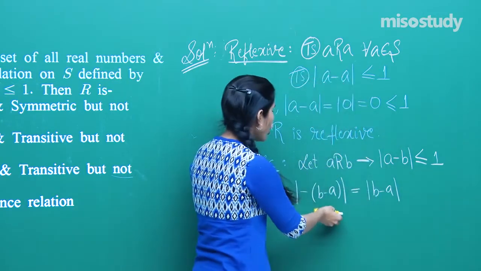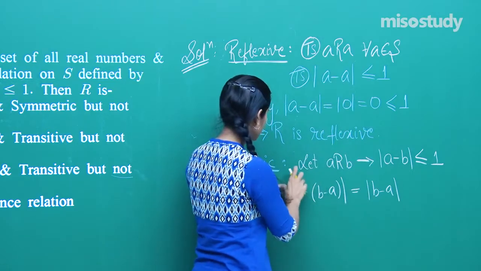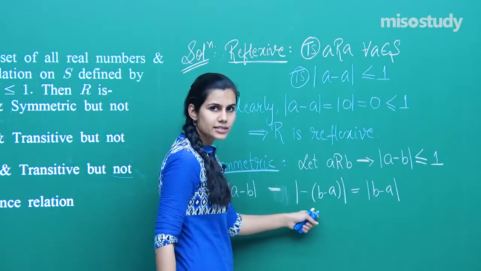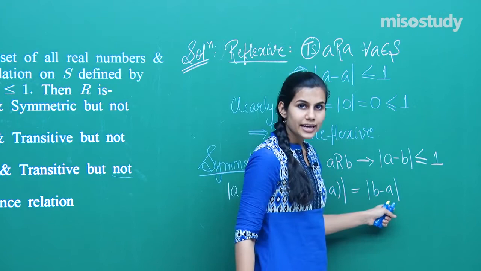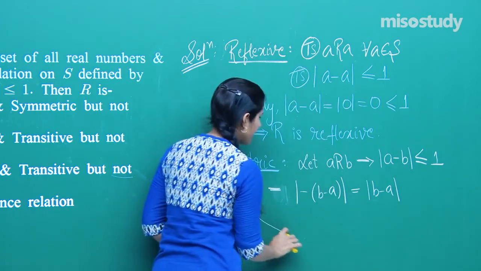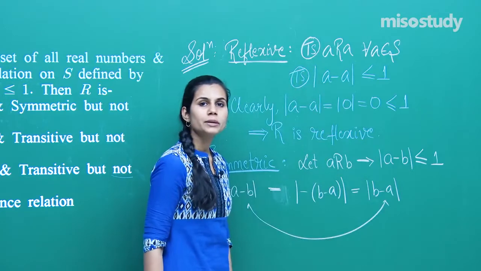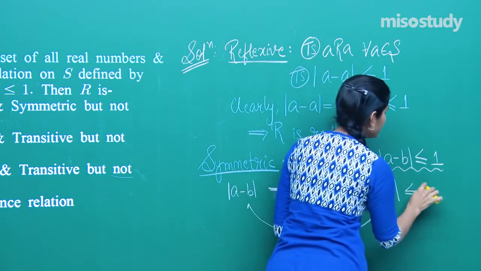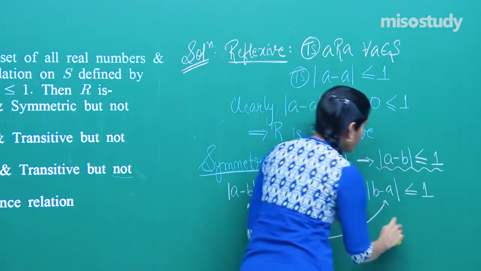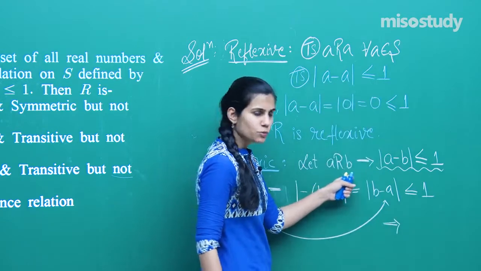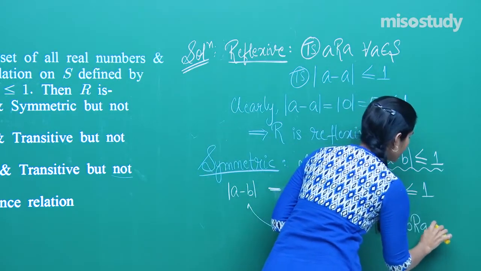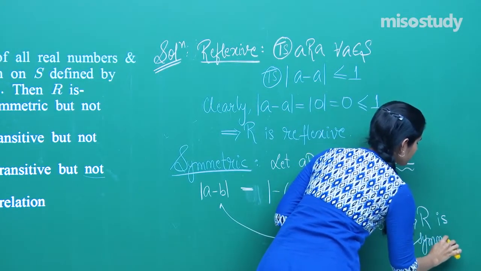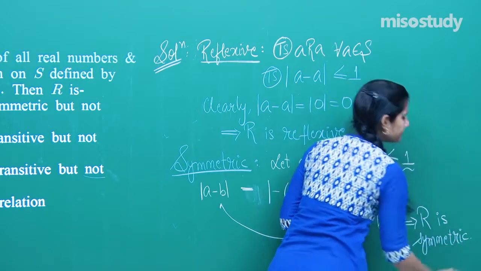And therefore, because mod of A minus B was only written like this, which is nothing but mod of B minus A, that is why you have mod of A minus B equal to mod of B minus A, and because mod of A minus B is less than equal to 1, you have mod of B minus A also less than equal to 1, which implies if A is related to B, B is related to A, which implies R is symmetric.